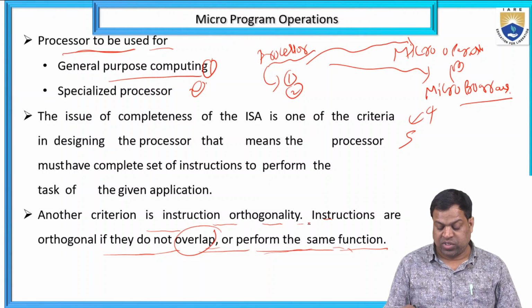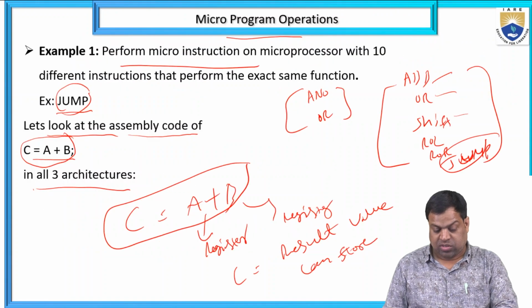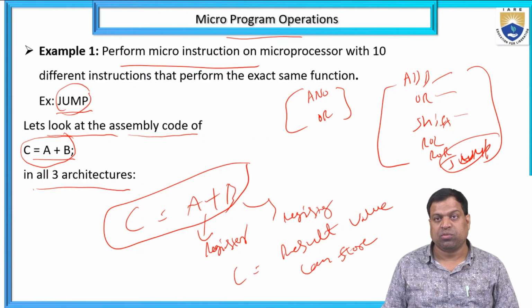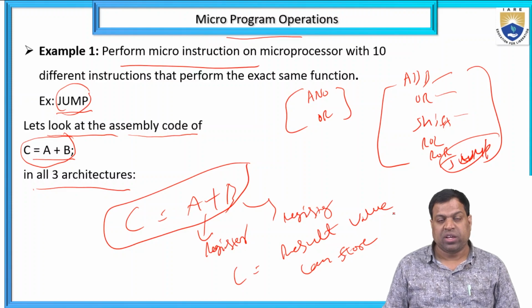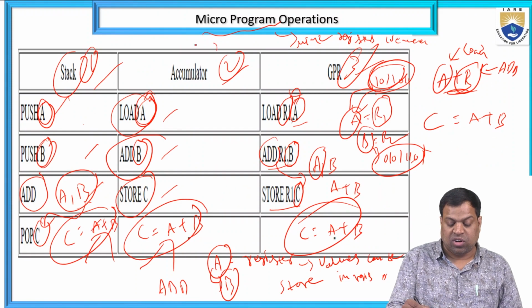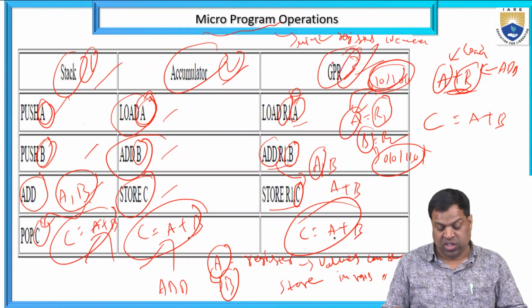Another criterion is the orthogonality function. Here I am taking one example to perform the micro operation on a microprocessor with 10 different instructions that perform the exact same function. Here I am taking some jump function for the assembly code of C equal to A plus B. So 3 architectures are there: architecture 1, architecture 2 and architecture 3.